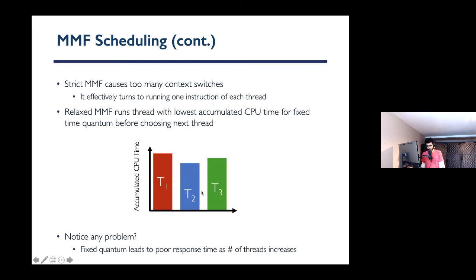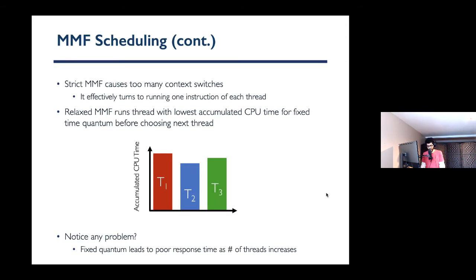It has to wait for T2 and T3 to get to its accumulated time on the CPU so that it can proceed, and that's really bad. So as the number of threads increases, it kind of becomes like round robin. You have to wait for everybody else until it's your turn.